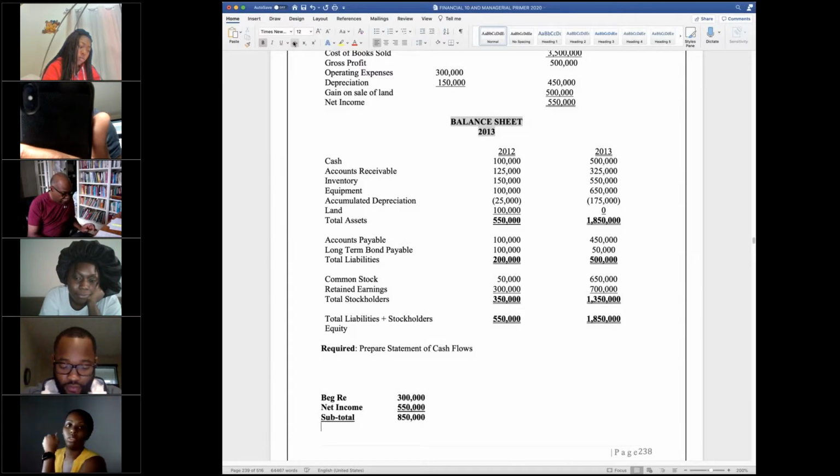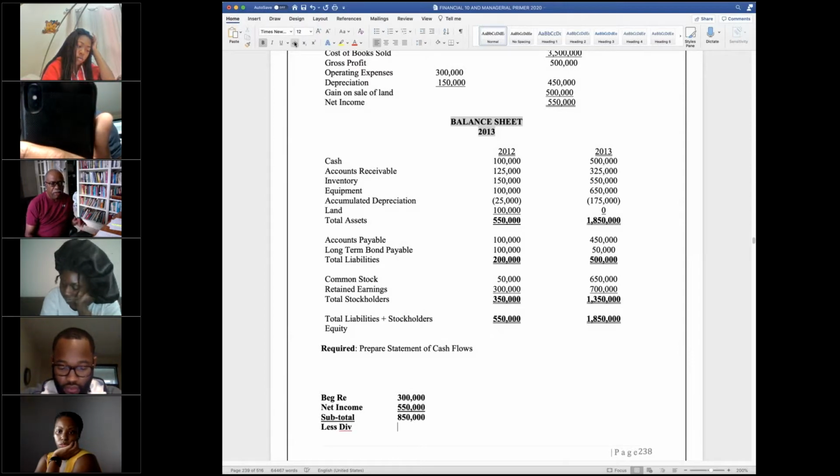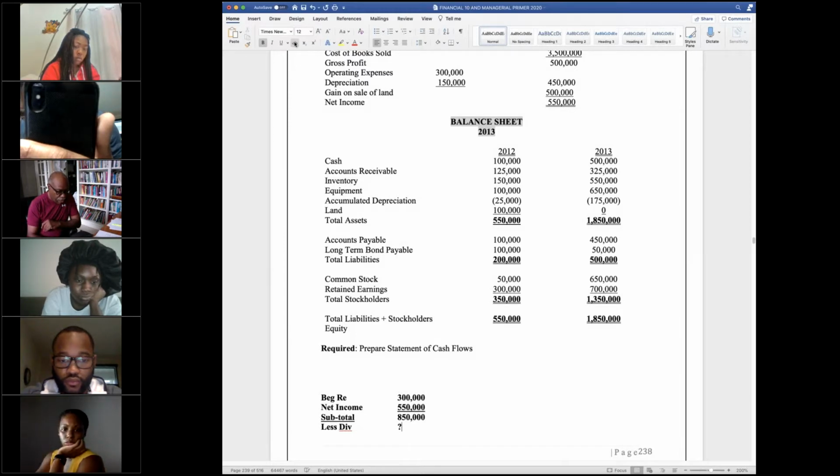Now, if we subtract the dividend, we could get the ending retained earnings. But we don't know what the dividend is, but we do know what the ending retained earnings is.